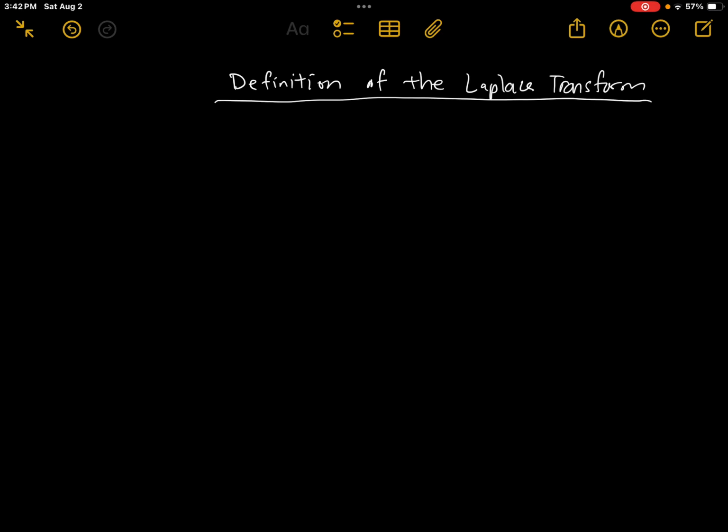Okay. Suppose that you have a function f, which is defined on the interval from 0 to infinity. We're going to define a new function, which is called the Laplace transform of little f.